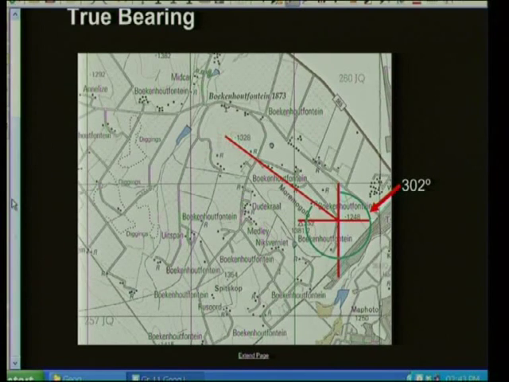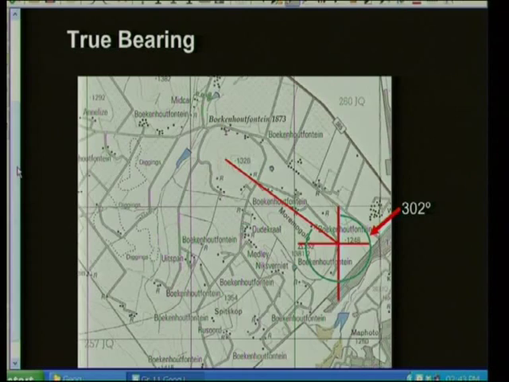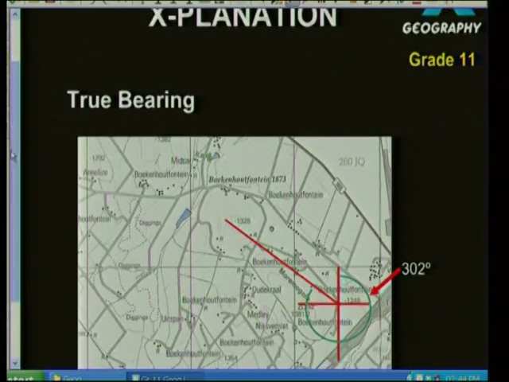So when I looked at the question, let me just get the question again. Determine the magnetic bearing of spot height 1328 from spot height 1248. Okay, of course it moved slightly.